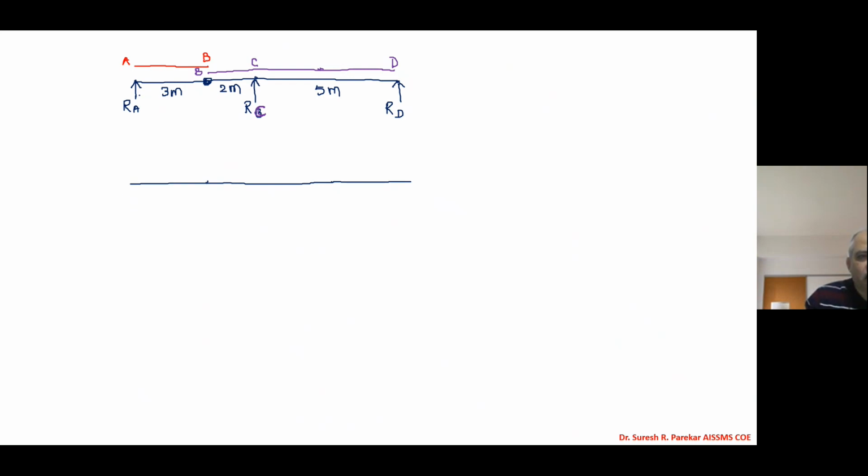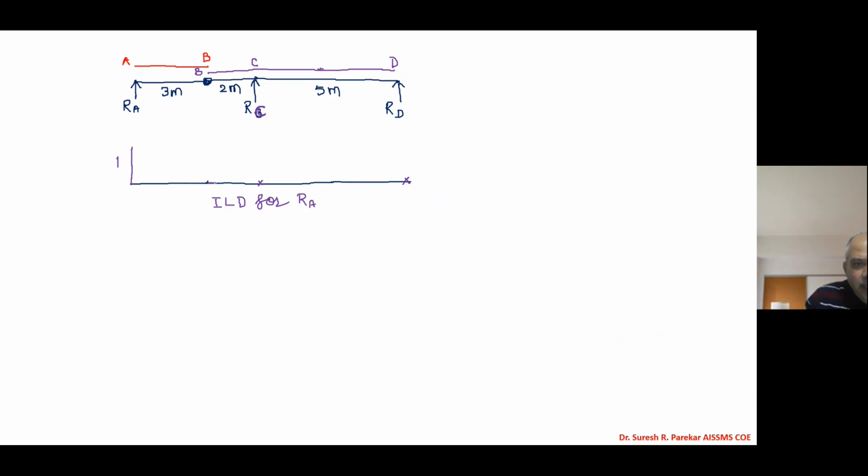So now first I will plot for RA. When I plot for RA, I will directly tell you: it is always 1 at this point. Then the value at C should be 0. So this I am plotting, the ILD for RA. So we have this should be 0 at C, and then we should have 0 at D. Now we know BCD should be linear.